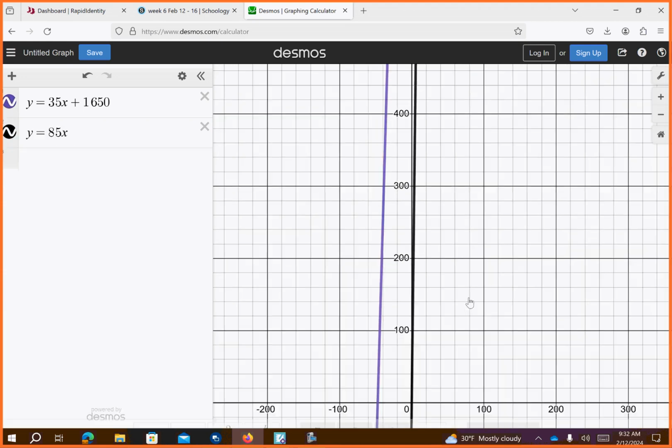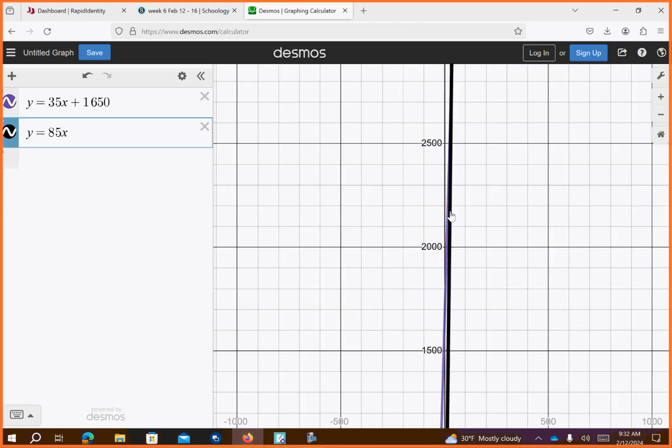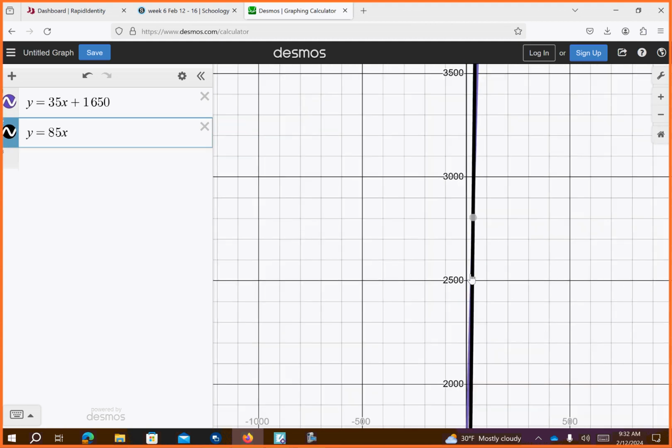All right, so you just kind of have to scroll down until you figure out where about they intersect. The nice thing is once you do that, if you tap on them, you're at the right region. So once you have made 33 of these widgets, then you are making $2,805.